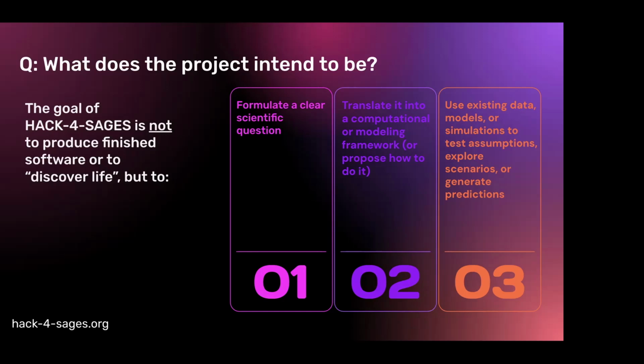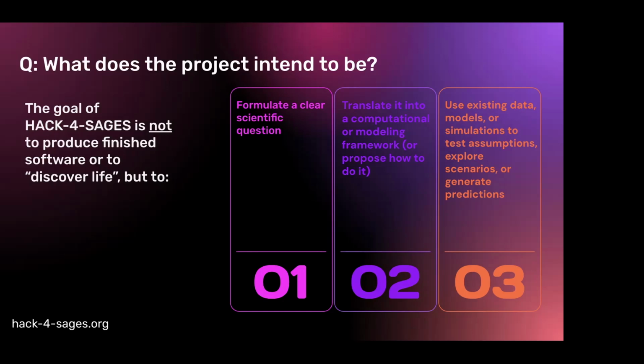So they would give a sort of plan of how they would proceed with the project if they had more time. But generally you need to be able to formulate a clear question and then either start implementing it or propose how you would implement it into a modeling framework.